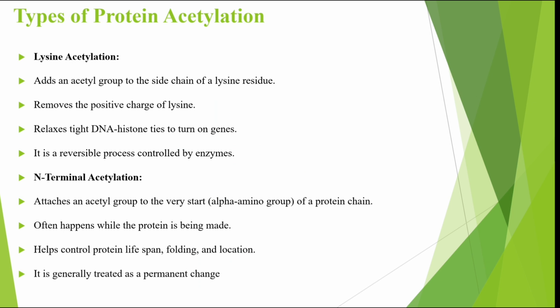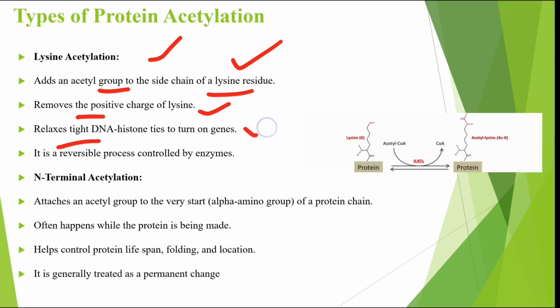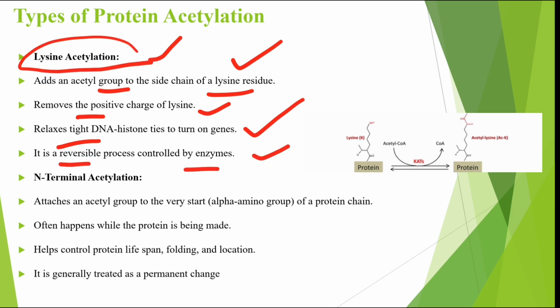Lysine acetylation adds an acetyl group on the side chain of a lysine residue. It removes the positive charge of lysine and relaxes tight DNA-histone ties to turn on genes. It is a reversible process controlled by enzymes.